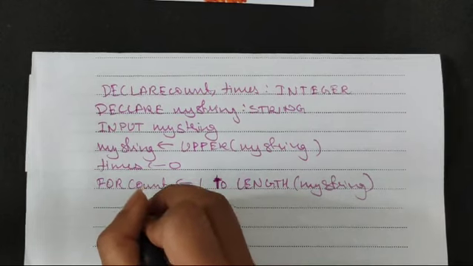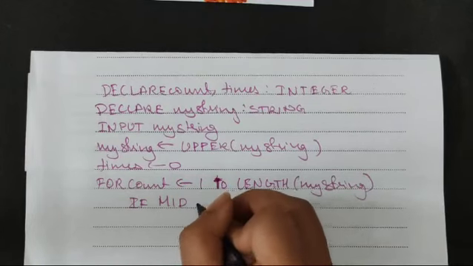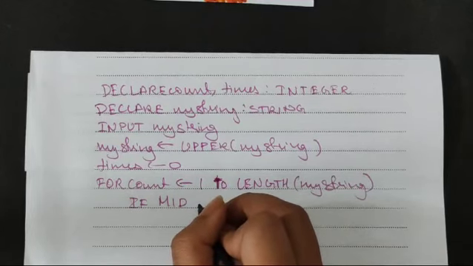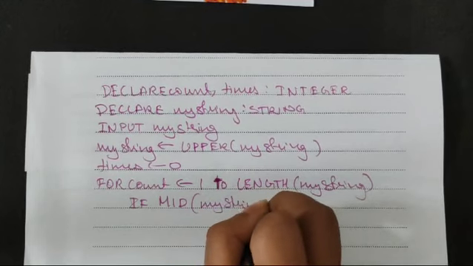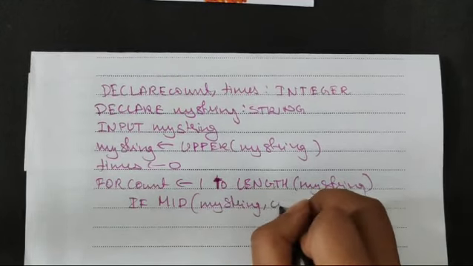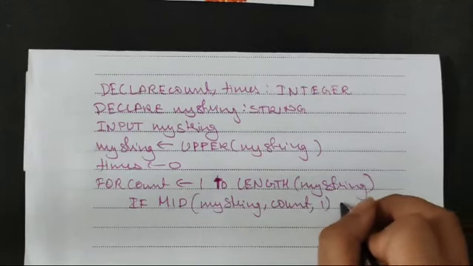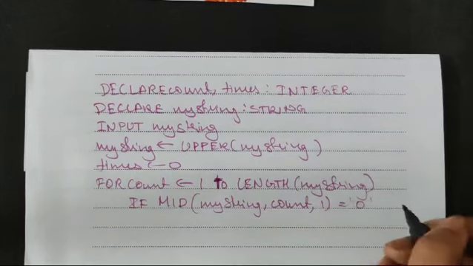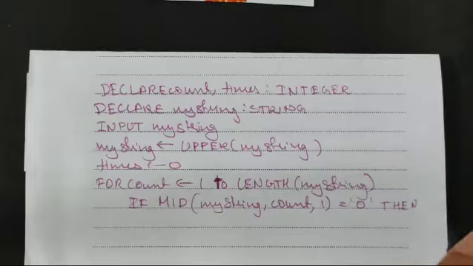Then I will have if. Now this might be a bit confusing. If mid of my string comma count, I'll explain this, don't worry, comma 1 is equal to O, then, what does this mean?